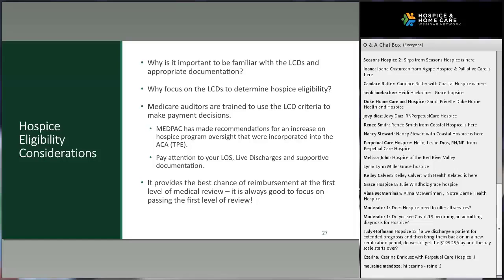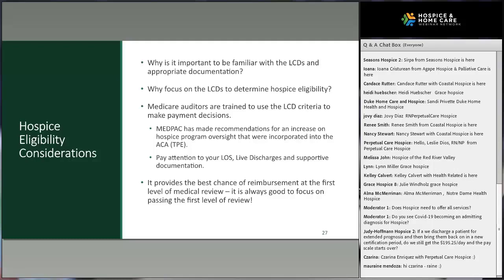So use the tools that you're being audited off of. It's really important to pay attention to your length of stays, to pay attention to your live discharges, and any of your supportive documentation that may have gone with this. If you have a high incidence of live discharges, that generally means that you are admitting people that are not appropriately Medicare hospice eligible.